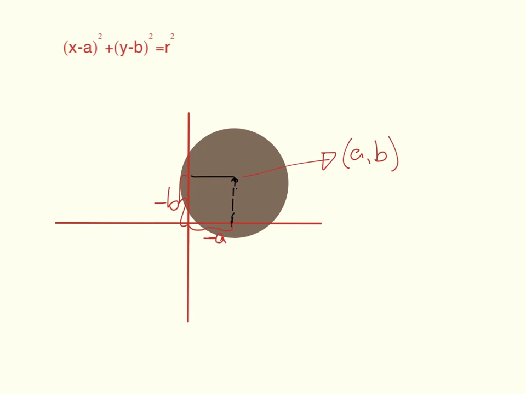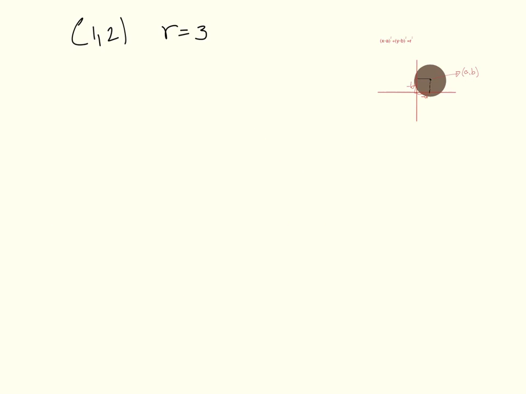Right, let's look at some examples. So in this first example, we have that the center of the circle is (1, 2), and the radius is 3. So it means that this whole circle has moved 1 unit to the right and 2 units up. So let's start rewriting what we already know.